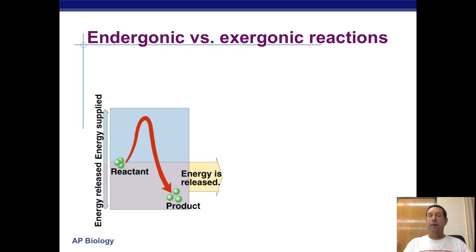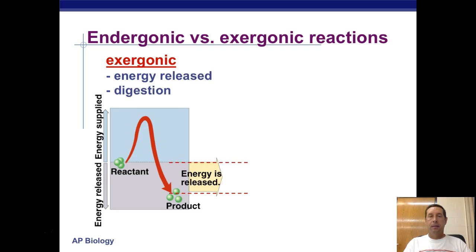So here's a graph showing you the differences. The first graph shows an exergonic reaction. The reactants have more energy than the products, so energy is released. You can see delta G, or Gibbs free energy, has a negative change in the amount of energy.